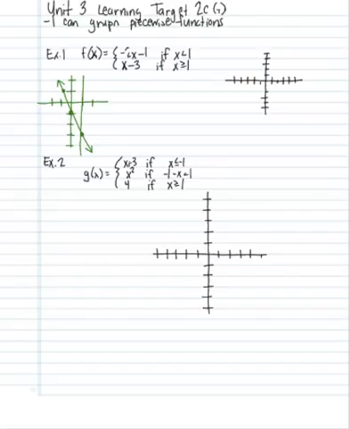So we only want the graph on the left side. Try to remember too, if it's just less than, it's going to be an open circle. So this point right here should be an open circle when we draw it on the main graph.